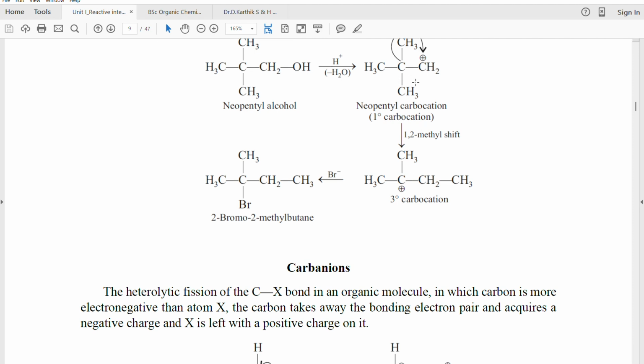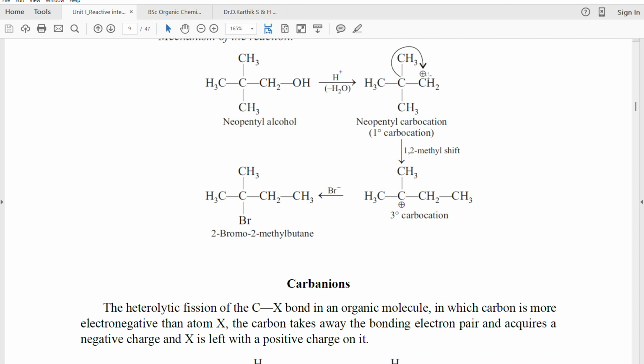Once this methyl group shifts from this carbon to this carbon, the positive charge is produced on this carbon. The primary positive charge is neutralized by shifting this methyl group to the primary carbon. Now when the shift has happened, the carbocation is on this tertiary carbon, which is more stable compared to the primary carbocation.